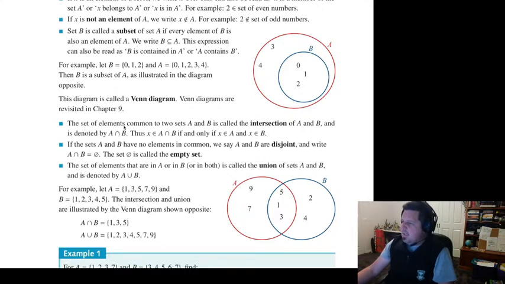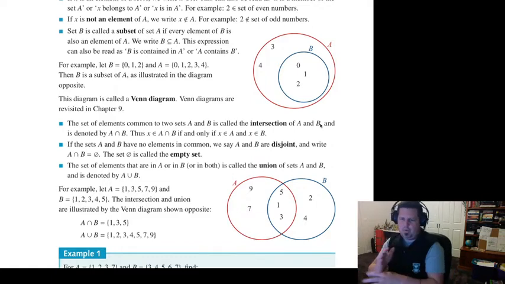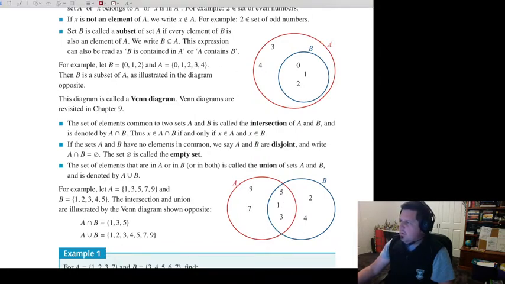It says the set of elements that are common to both sets A and B is called the intersection of A and B. Now, when I think of an intersection, I think of roads where they cross over, so it's in the middle where everything crosses over. It's the same in Venn diagrams. The intersection is obviously this middle part here where they overlap.